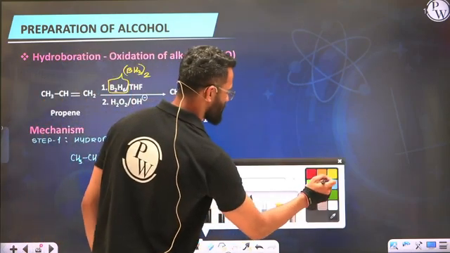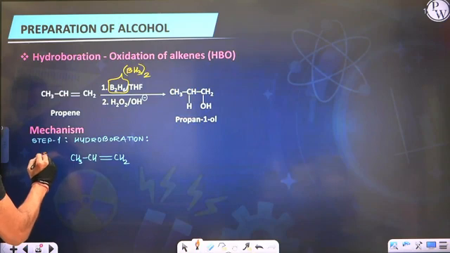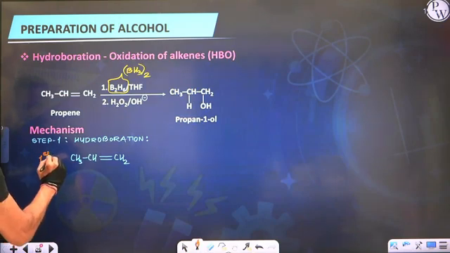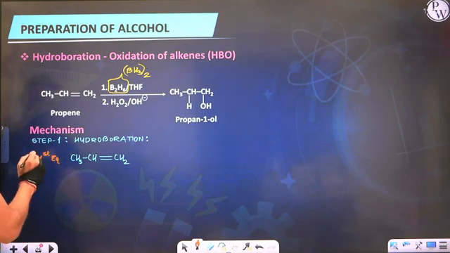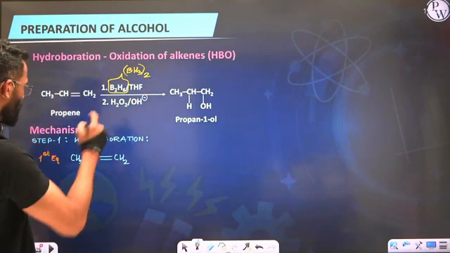Guys, let's call this the first equivalent of propene. Alright, first equivalent of propene this is, and to which addition of boron will be taking place.